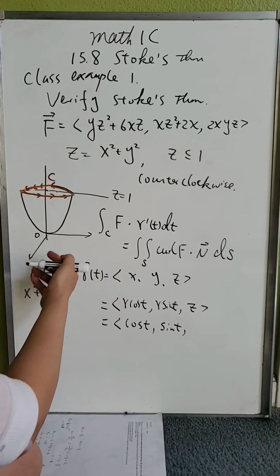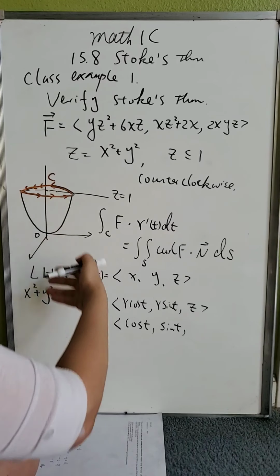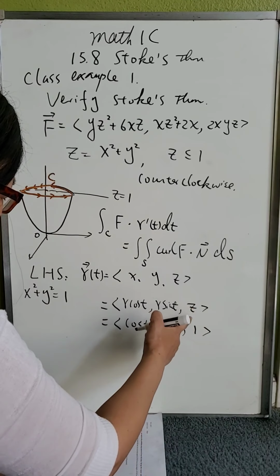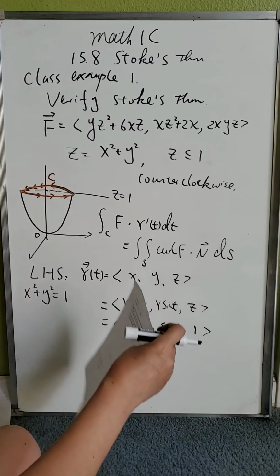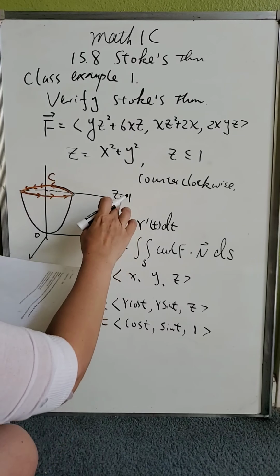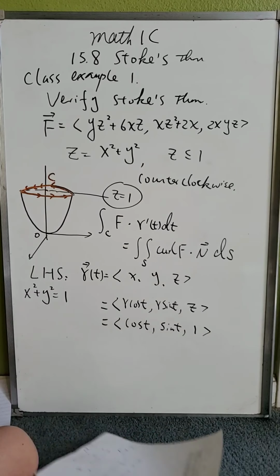My z is not on the xy plane, it's on the top, so my z is equal to 1 here. Watch it, your z is not equal to 0 here because you're not at the bottom. You're right here, at the position z equal to 1.